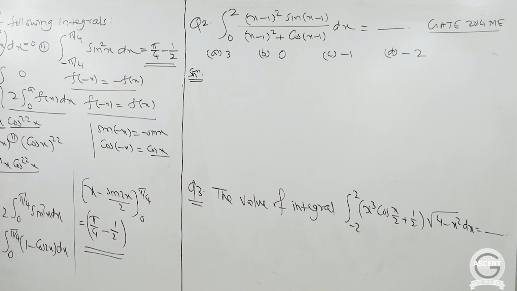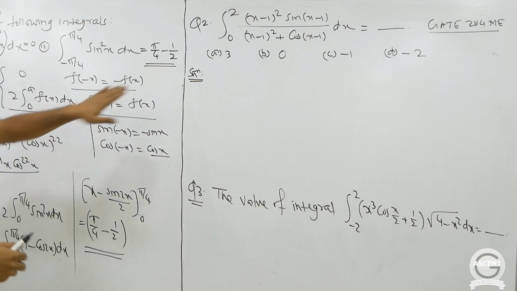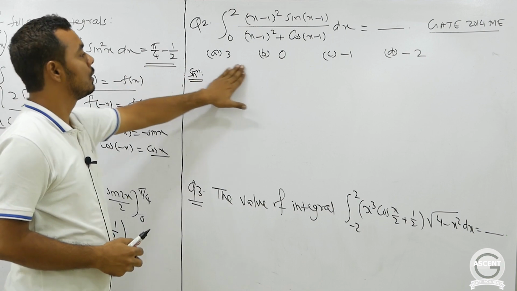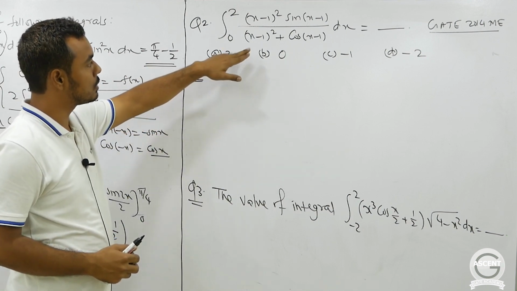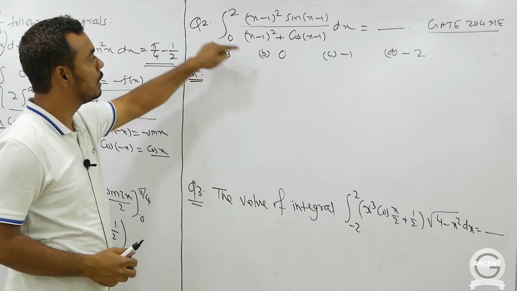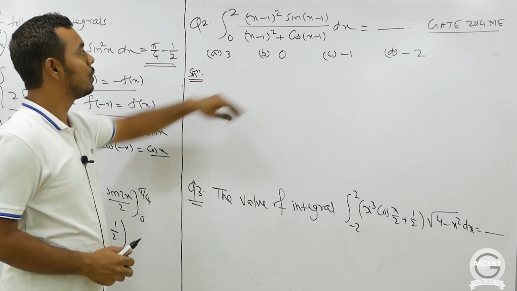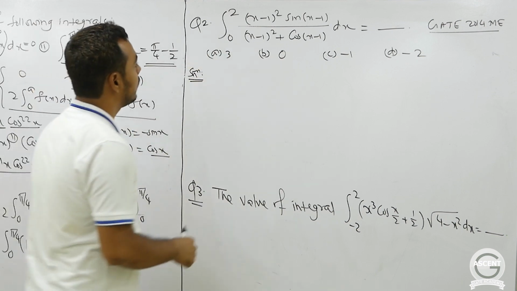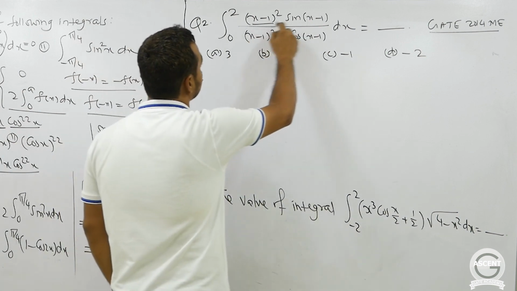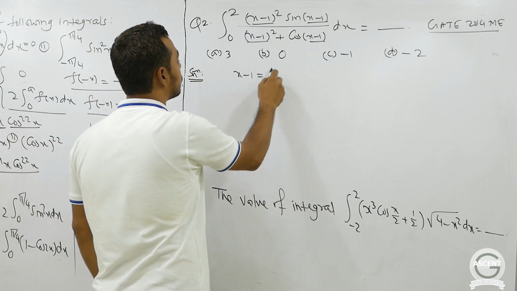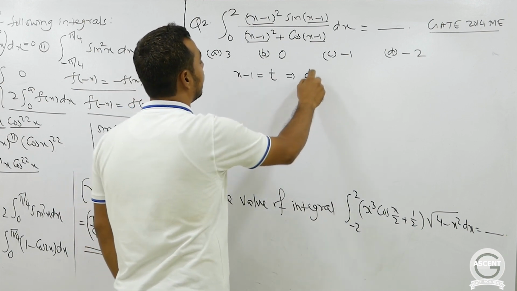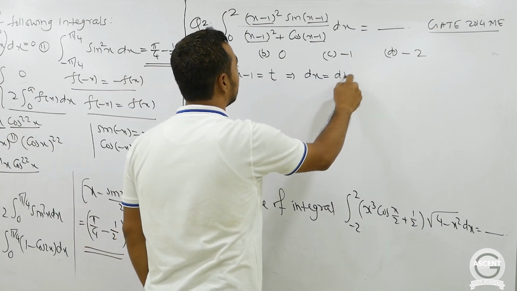But I have written this question in this category because after doing some substitution, we will get that form. So what should be the substitution here? You can see that you have x minus 1 everywhere. So this means in place of x minus 1 you should write t, and this will mean that dx will become dt.